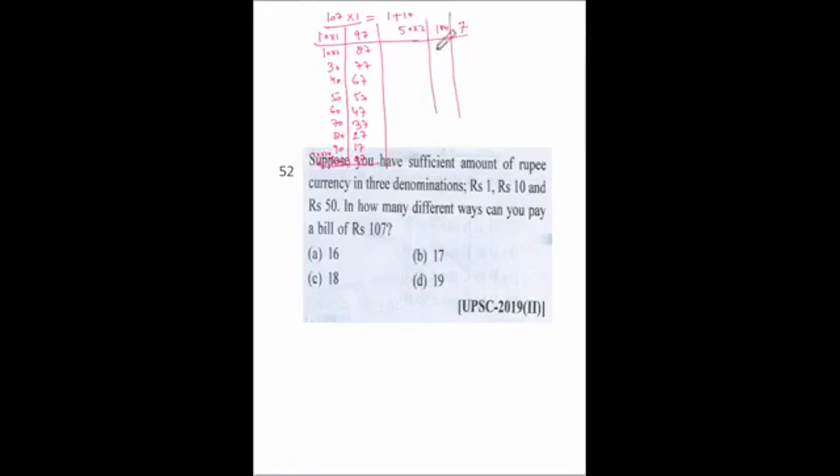So this is 1, because no other case than this will be there when we take 2 notes of 50. Now 50 into 1, and we are now taking along with this 10 rupees as well as 1 rupee. So 57, 0 of 10. This is over. This was the result of this, and this is 1 rupee.